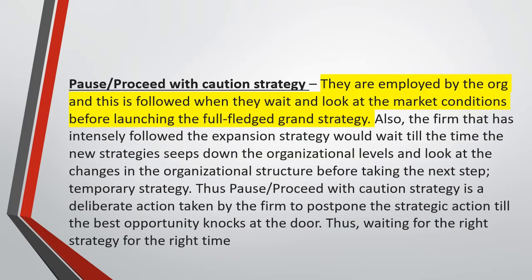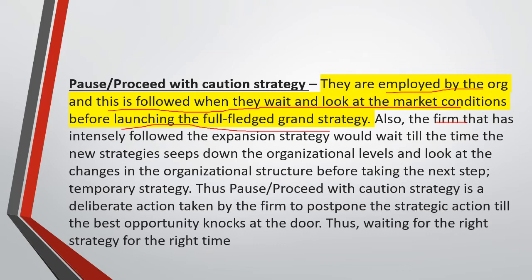Now comes the pause or proceed with caution strategy. This is followed when organizations wait and look at the market conditions before launching a full-fledged grand strategy. So they wait for the market to become an opportunity for them, and then they launch a particular strategy.